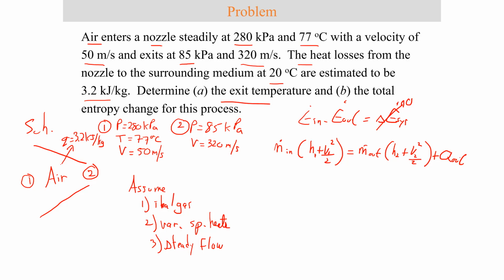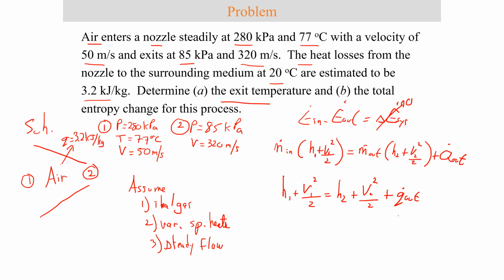Now in this particular problem, everything is left in terms of specific units. So if I divide through by mass, I get H1 plus V1 squared over 2 equals H2 plus V2 squared over 2 plus heat per mass leaving.